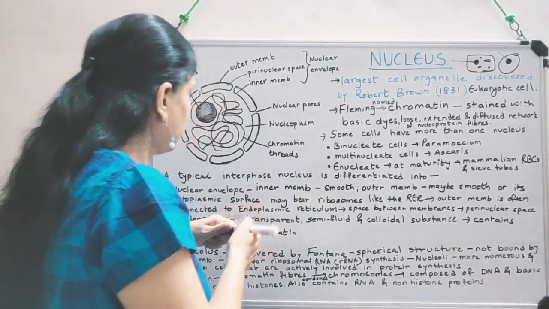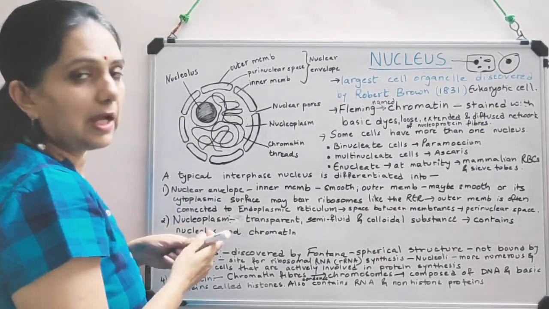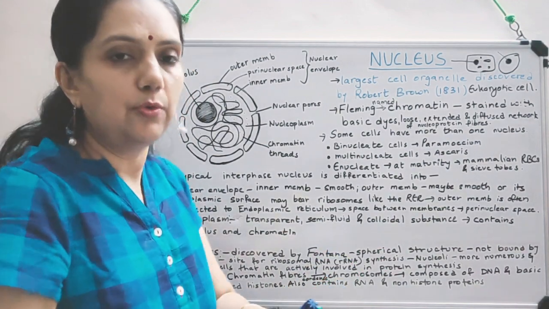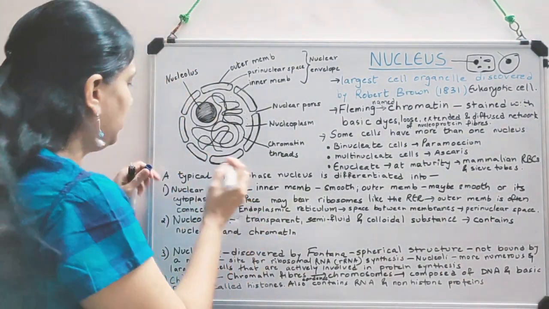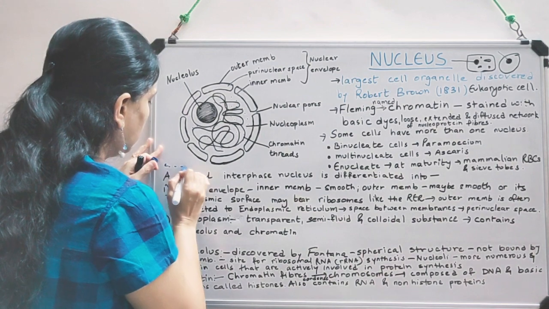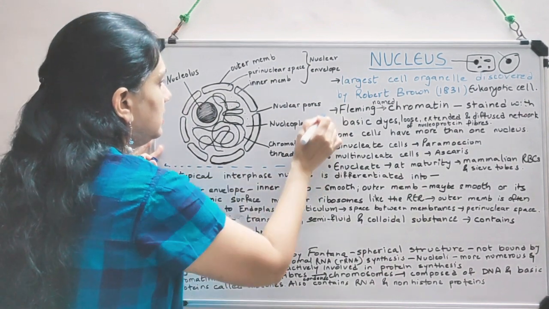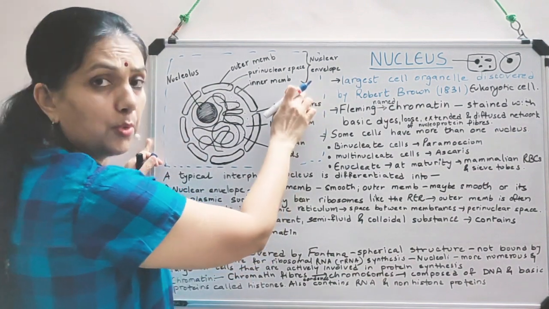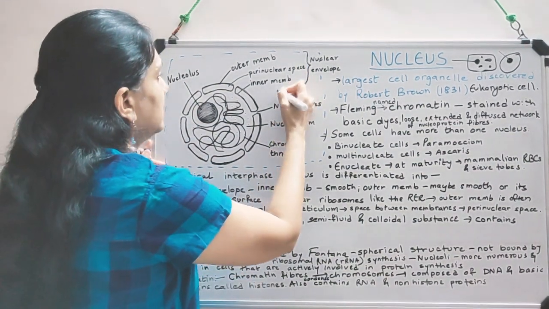Now we study the structure as I had shown you. Now I draw a boundary over there roughly. The blue colored boundary is the cell membrane, okay, and the white plain portion is the cytoplasm.